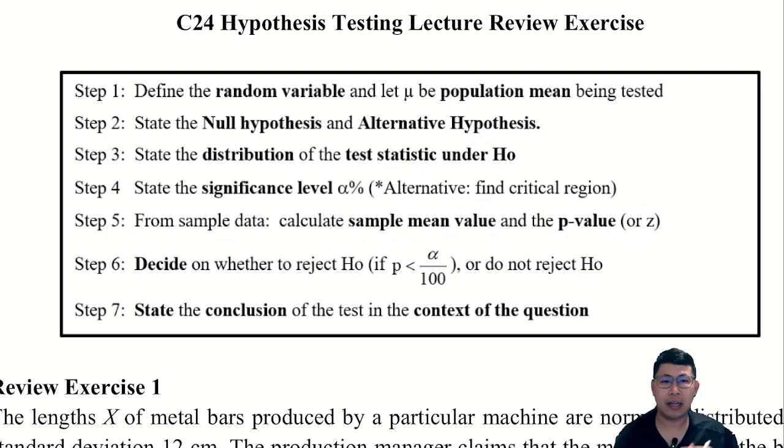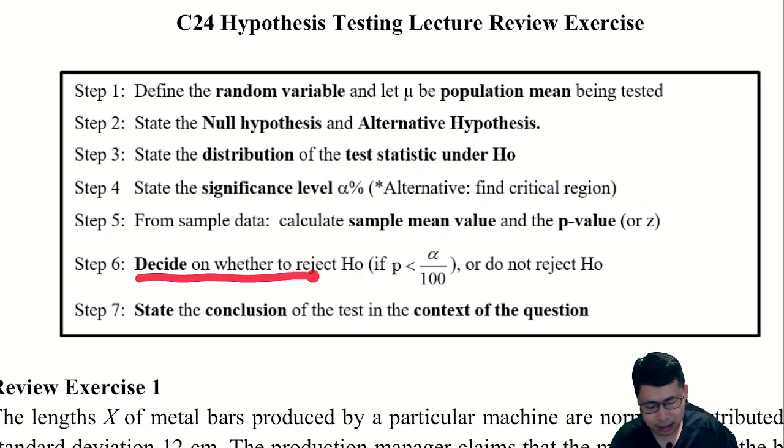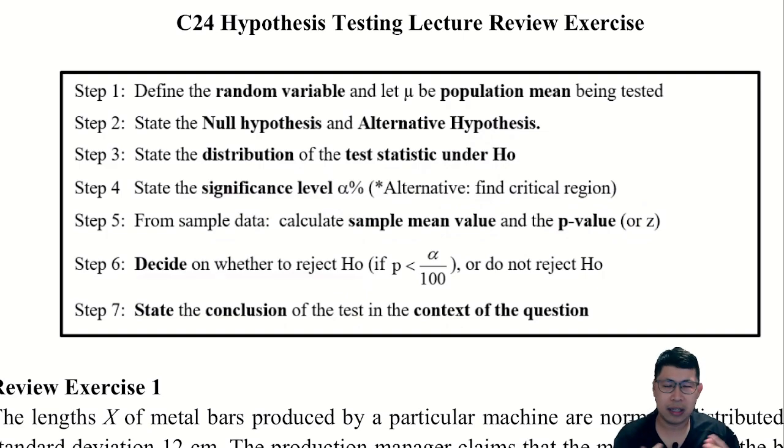Then we look at the bell curve and the location of our sample mean and see whether it is far enough for us to reject our null hypothesis. Last but not least, we need to state the conclusion of the test in the context of the question, based on whether we reject our null hypothesis or not.